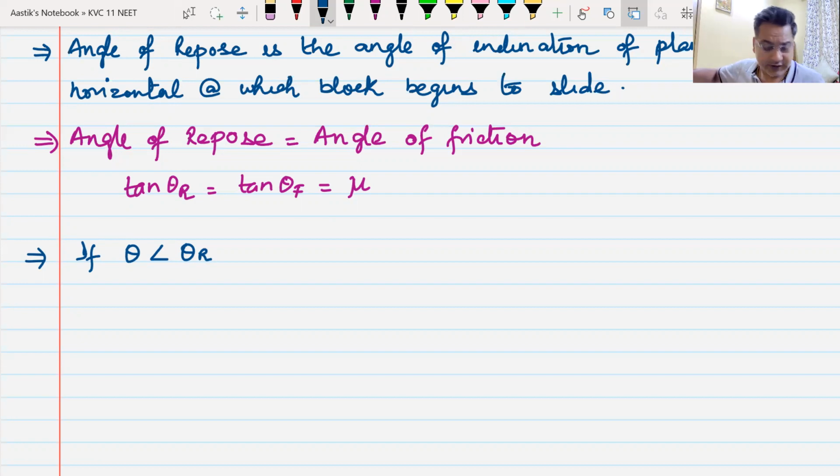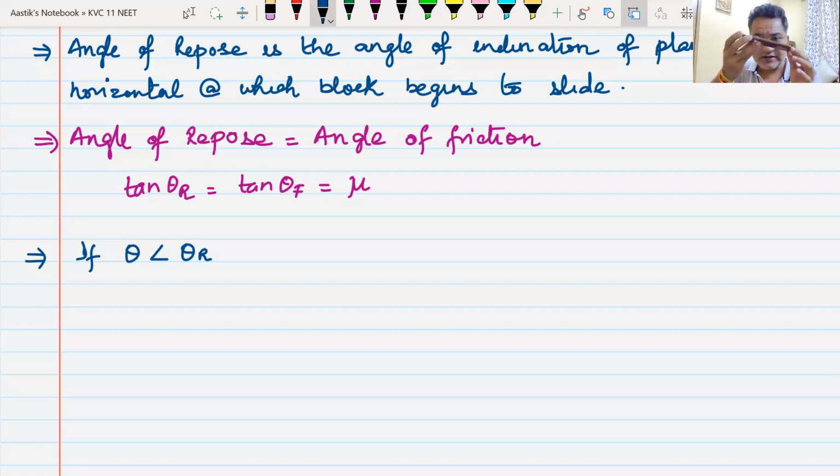Okay, so again I rest my phone on this. So if I keep the block like this, and if your angle of inclination is less than your angle of repose, this block does not slide. Do we understand this?